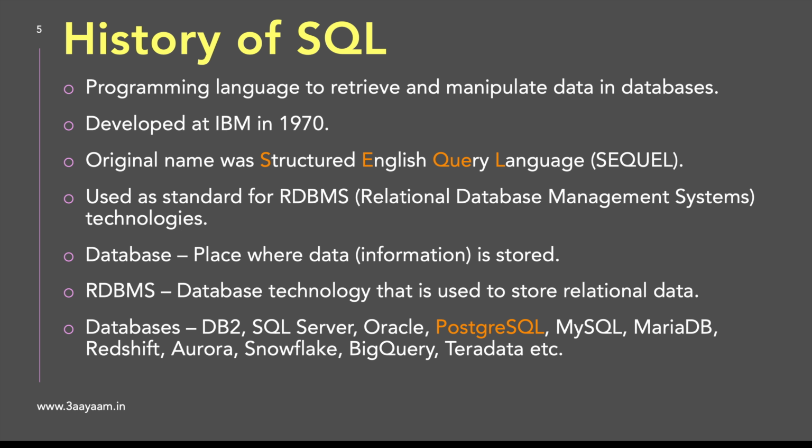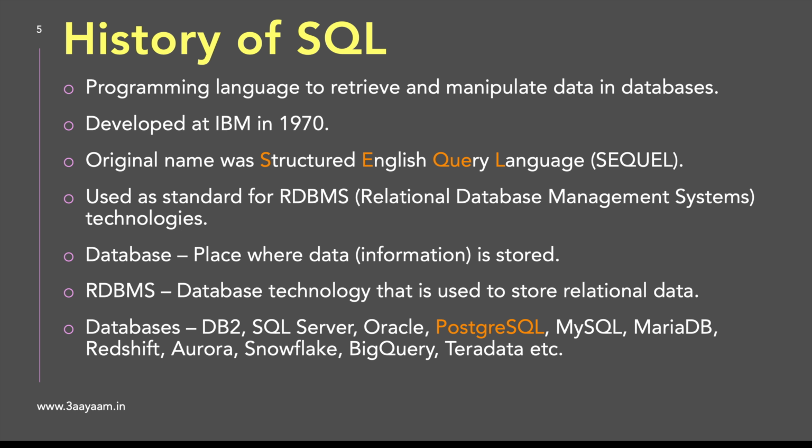And don't worry about the other databases because the SQL dialect would be more or less similar in all of them. Now, the top row that you see, DB2, SQL Server, Oracle, etc., these are operational databases or OLTP databases. If you do not know what an operational database is, please go through the introduction of this course.